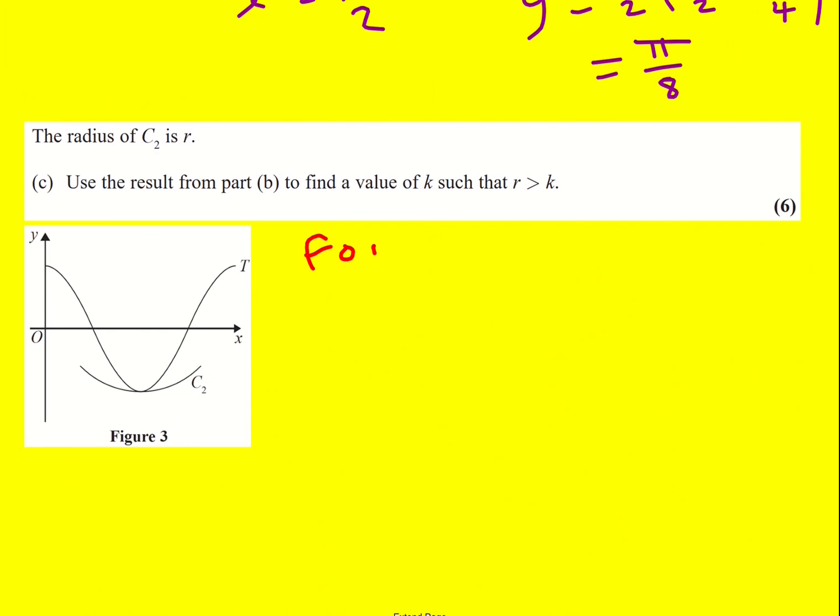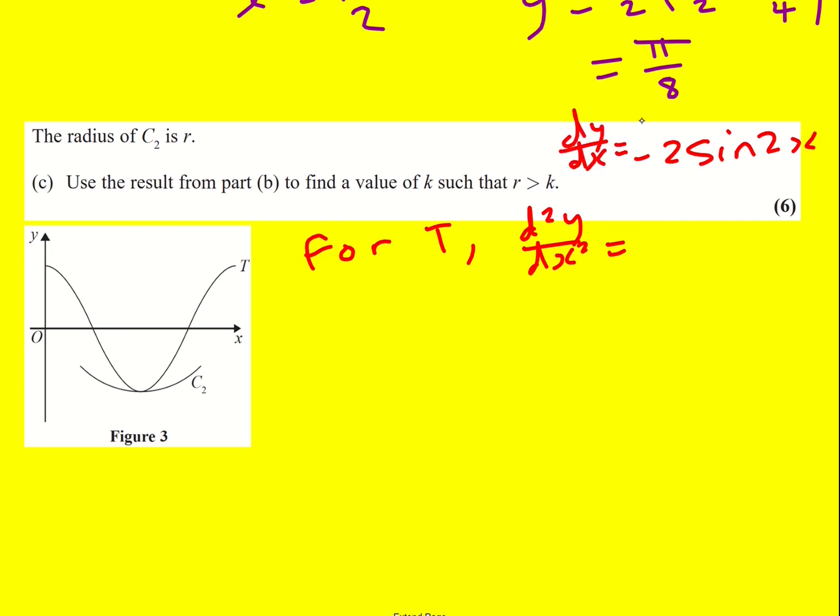So for T, d2y by dx squared is going to equal, now remember it was minus 2 cos 2x. No, sorry, minus 2 sine 2x was the dy by dx. And so I'm going to get minus 4 cos 2x.